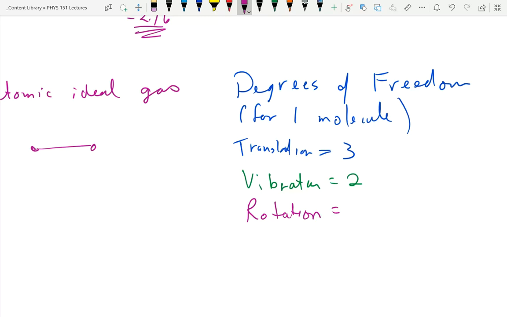Now rotational kinetic energy, remember, was 1/2 I omega squared. If it's diatomic, it can rotate about this axis, right? Or it can rotate about this axis, or it can rotate about this axis. But the moment of inertia was mass times radius squared.